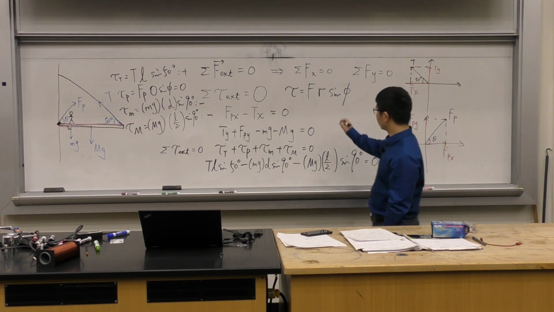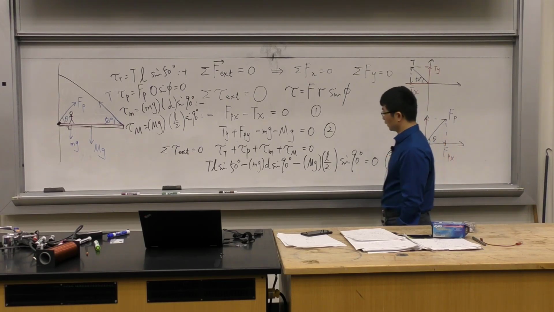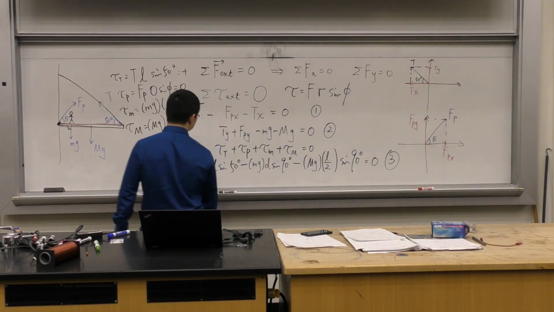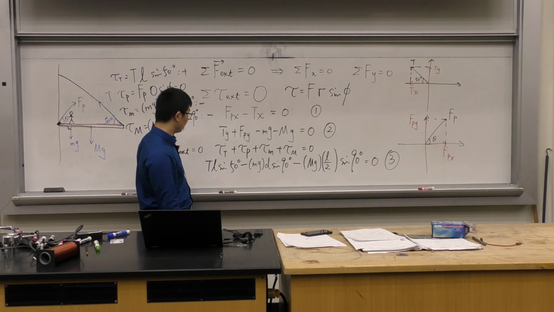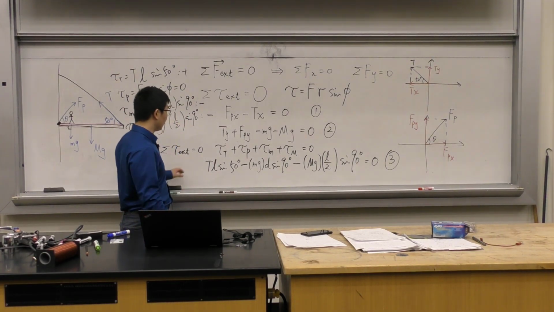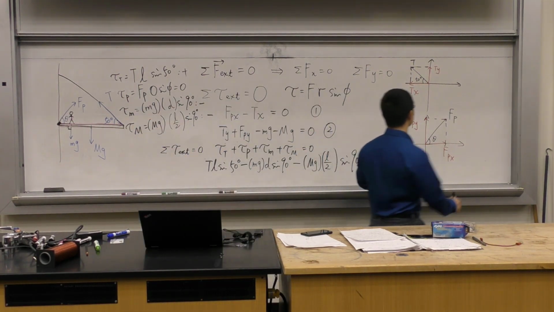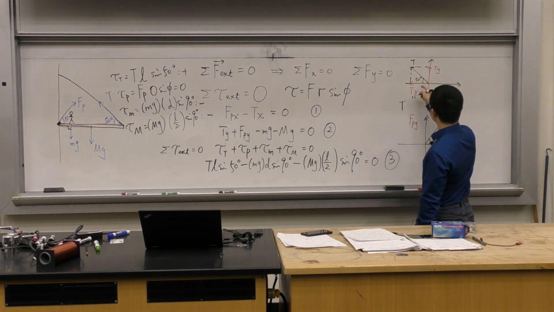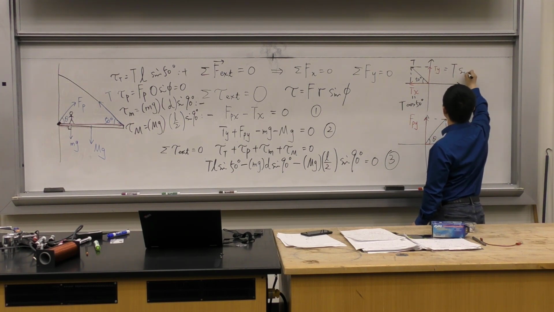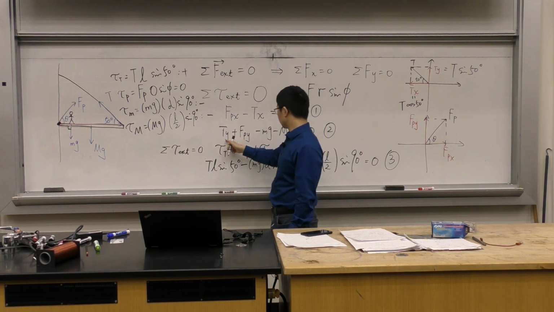Now these are our three equations: 1, 2, 3. Let's see how many unknowns we have. T is something we need to find. We don't know T, but Tx and Ty you can write in terms of T. Tx is going to be T cosine 50 degrees, and Ty is going to be T sine 50 degrees. So you will only have T here and here and here.